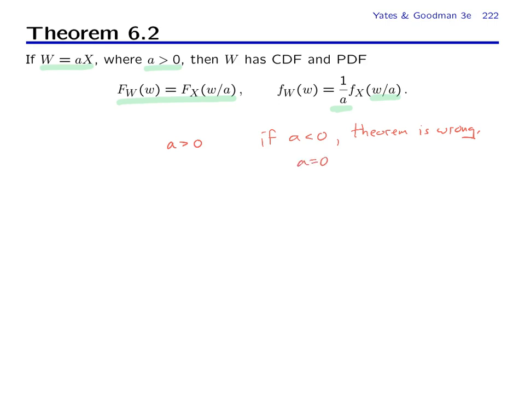If a is equal to 0, then W is going to be a discrete random variable that's always 0. The PDF of W will be an impulse at 0, and once again, the theorem is wrong. The theorem is only correct for a strictly greater than 0.